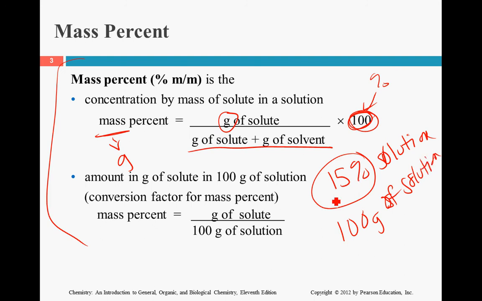Because that way we can say for every 15 grams of the solute we have 100 grams of the solution, or for every 100 grams of the solution, we have 15 grams of the solute. It just makes it for an easier conversion. In all reality, you could have any amount you want on the bottom, but it's going to add some more work to your process if you do that.